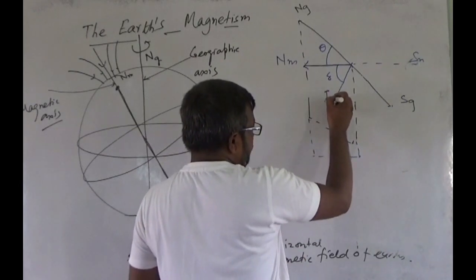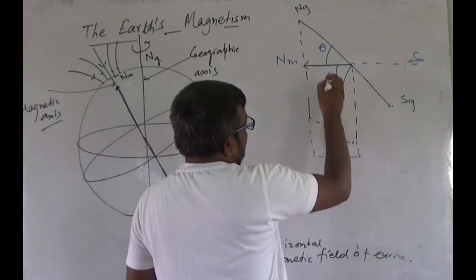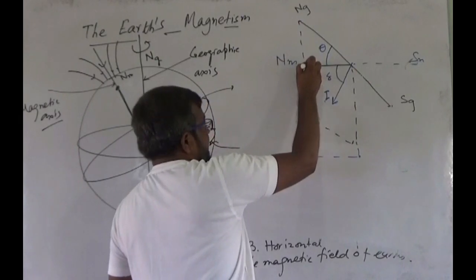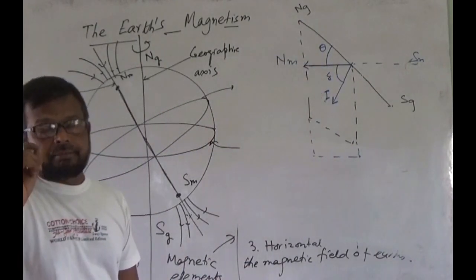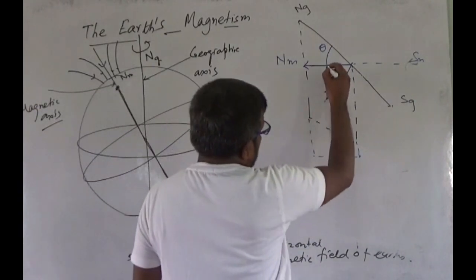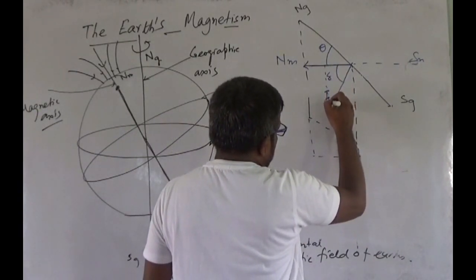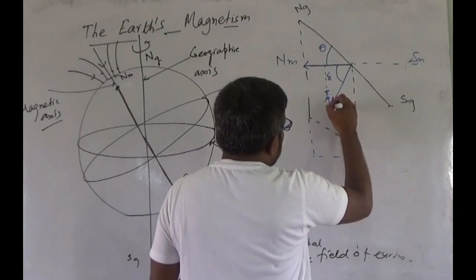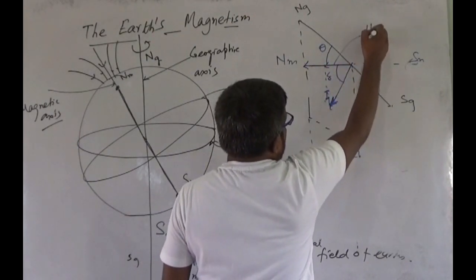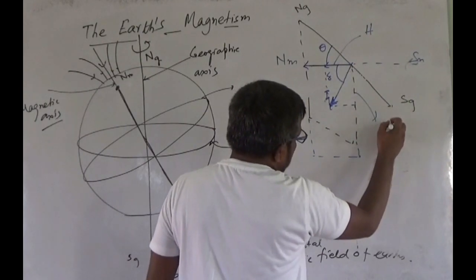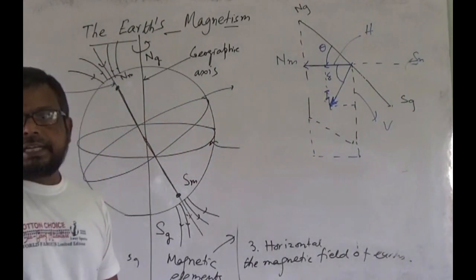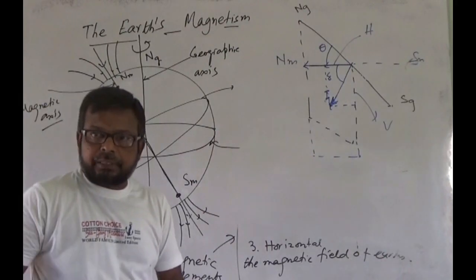The component of Earth's magnetic field along the horizontal direction in the magnetic meridian is called H. That means if this is I, that means this is H, and the vertical component is called V. That is vertical component of Earth's magnetic field.